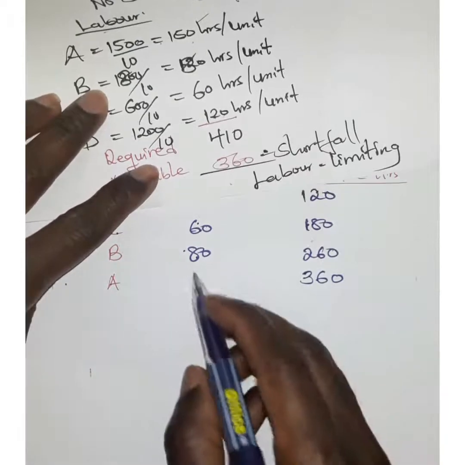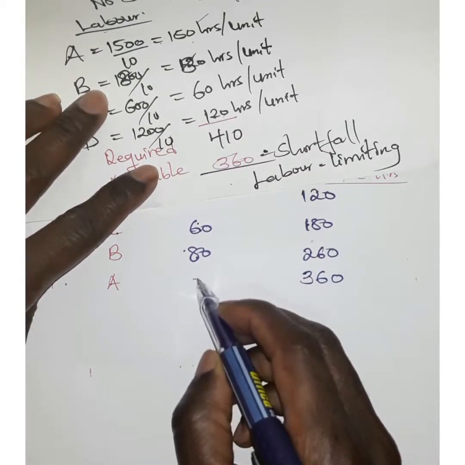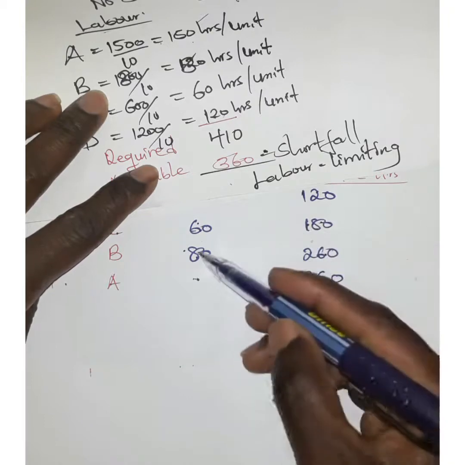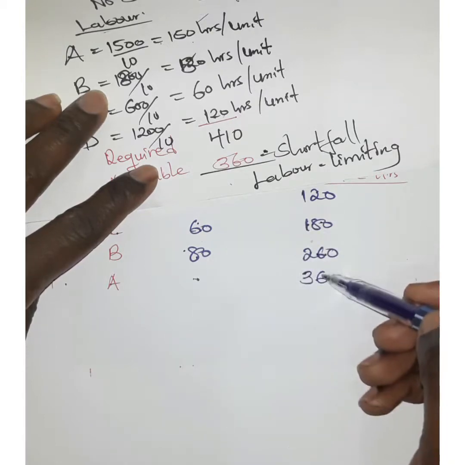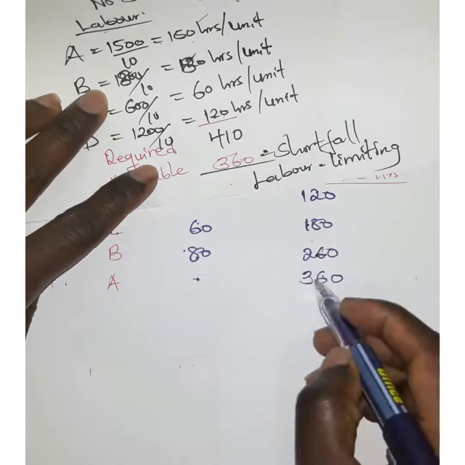So how do we get the number of hours to allocate here? It is very simple. How did we get this? We added 180 to 80 to get this one. So for us to get this, we add 260 plus x is equal to 360.